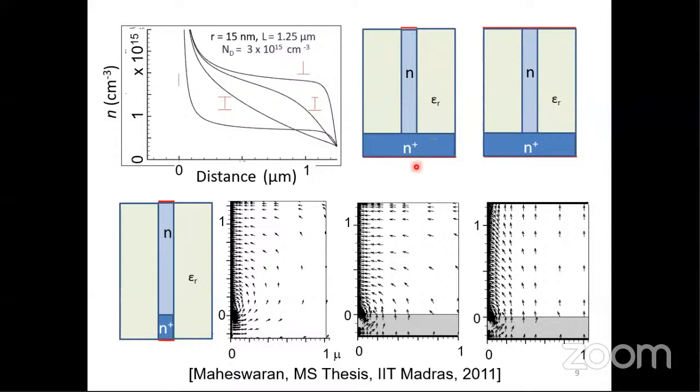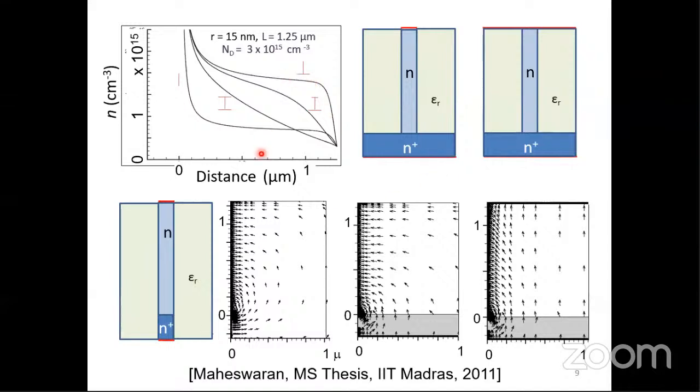That N plus is on an N plus thin film, you have a nanowire kind of structure. Yeah. So here the N plus region is restricted to the wire, whereas here it is extended. So we are trying to see the effect of extension of the contacts on the concentration in the wire.